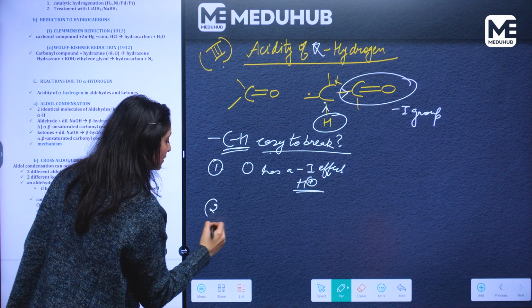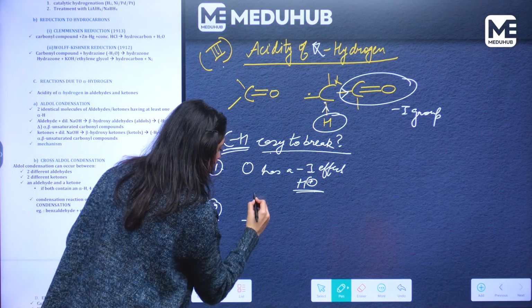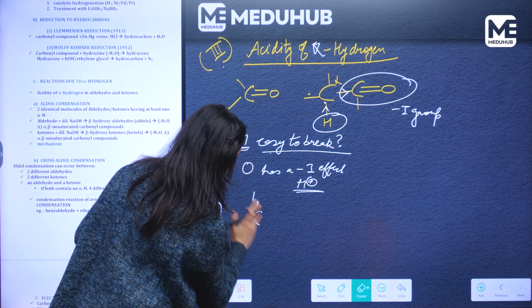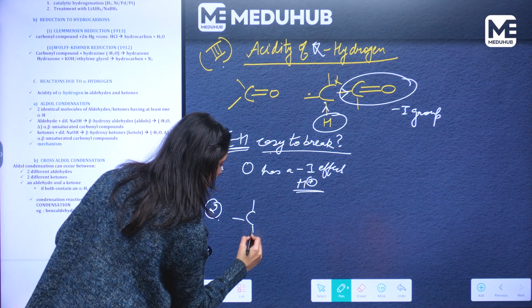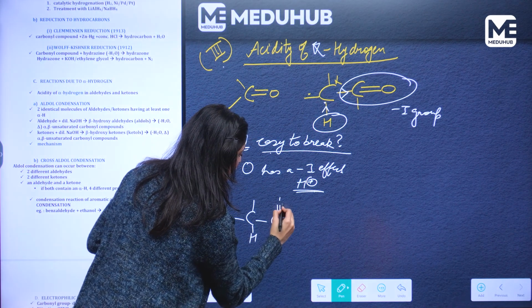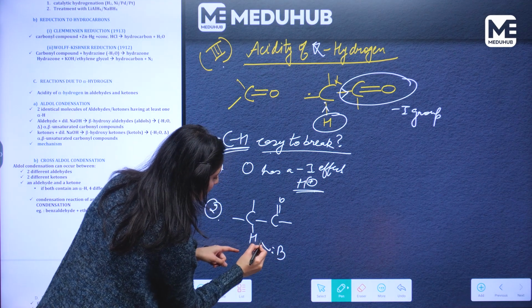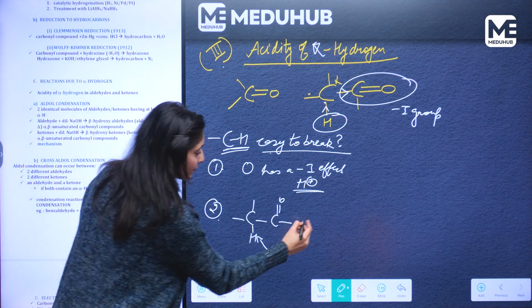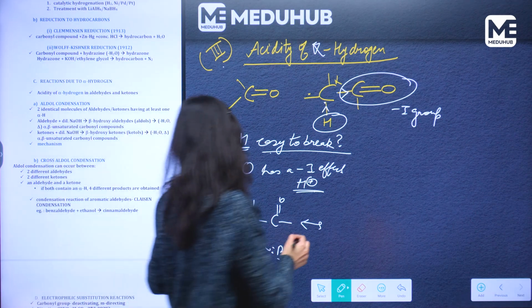The other reason is, if you look at the conjugate base, this is the alpha hydrogen, this is the carbonyl group. Now, if we have a base, this will take away this alpha hydrogen. These two electrons will move to this carbon.